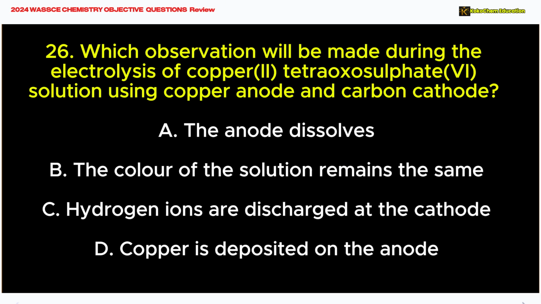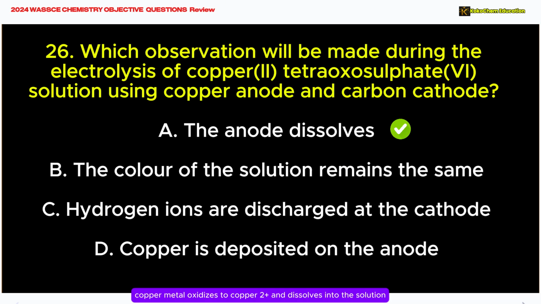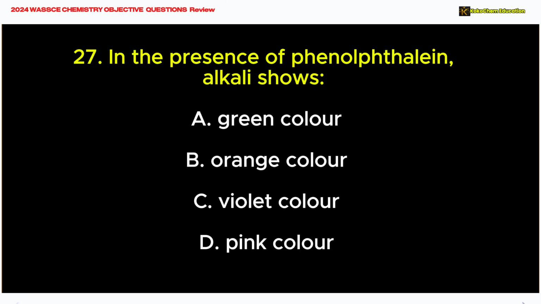C. Hydrogen ions are discharged at the cathode. D. Copper is deposited on the anode. The correct answer is A. The anode dissolves. Explanation. At the anode, copper metal oxidizes to copper 2+ and dissolves into the solution.